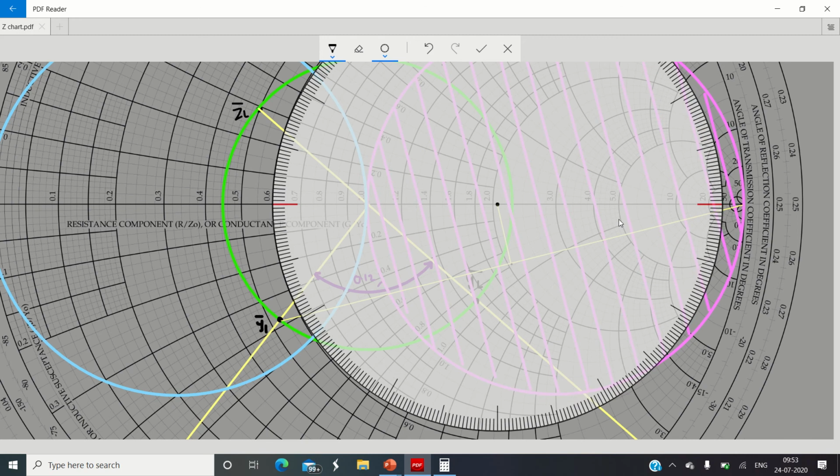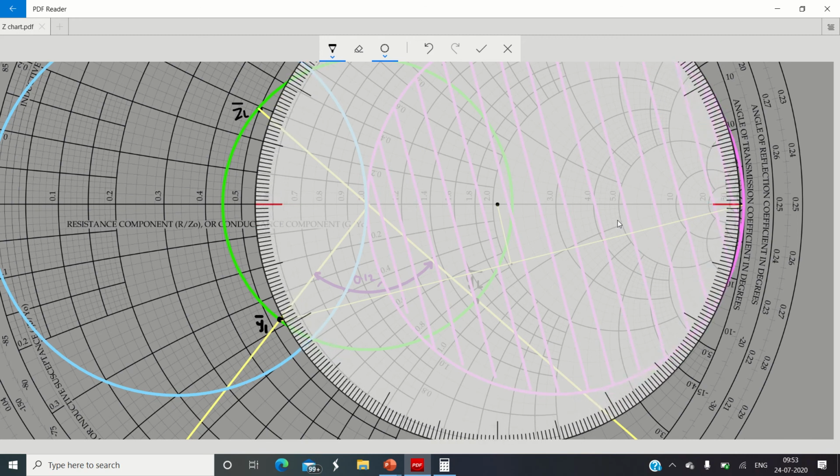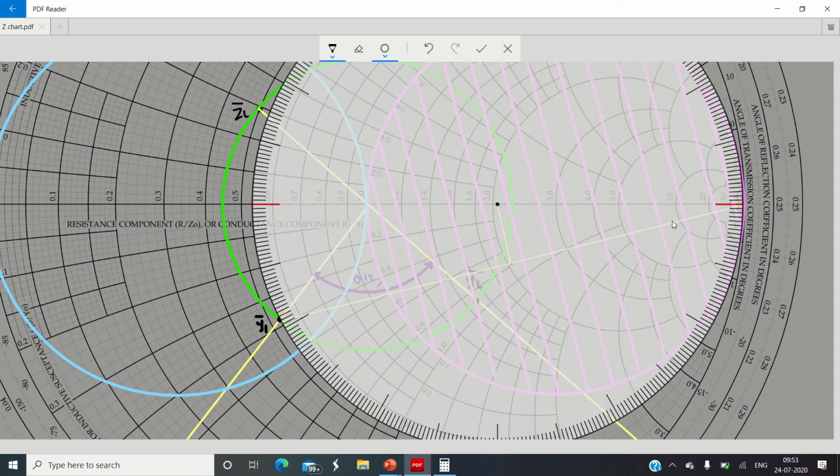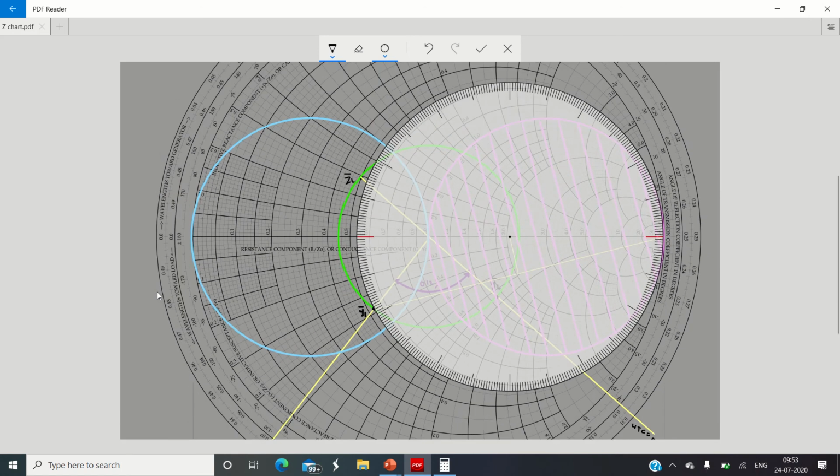This much distance you take in a compass, from this particular point to the point on the right hand side. Once you have taken that distance, draw the conductance circle.